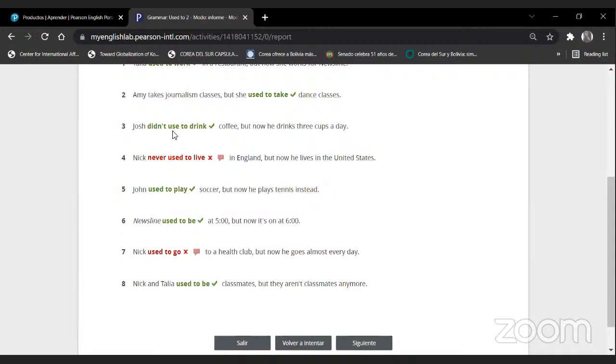And in this, just like this, right? Because it doesn't need emphasis. In this case, it was only an affirmative because here it's not emphasizing anything, right? Nick never used to live in England, or Nick used to live in England, but now he lives in United States, right? Because he changed.